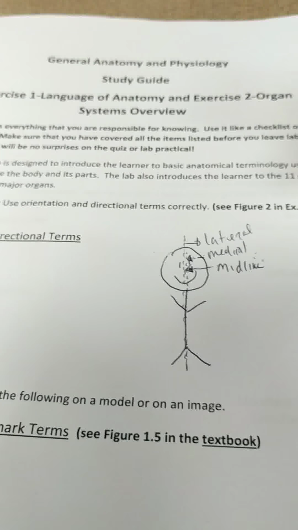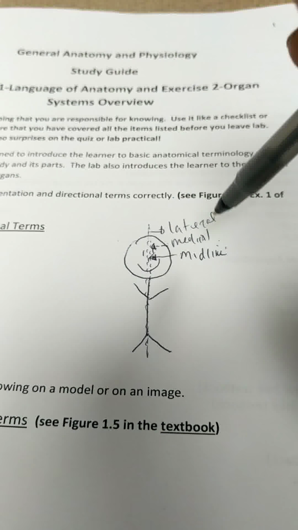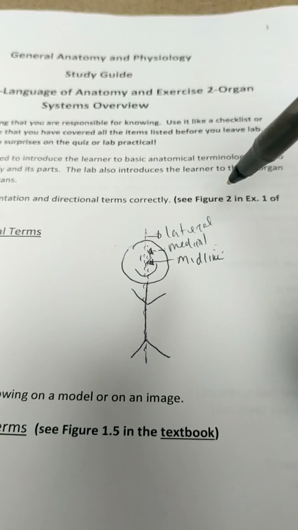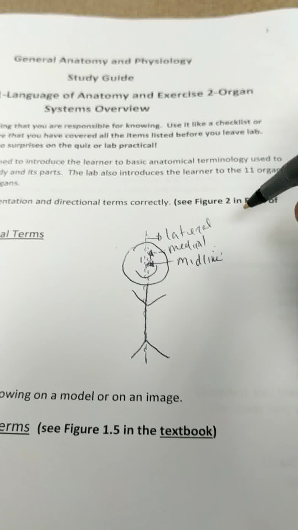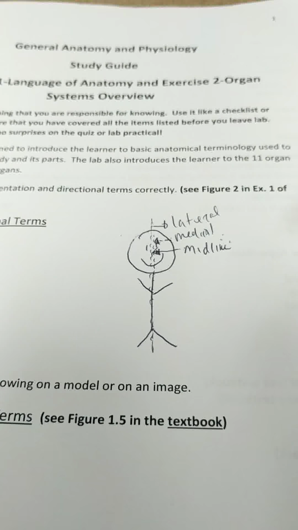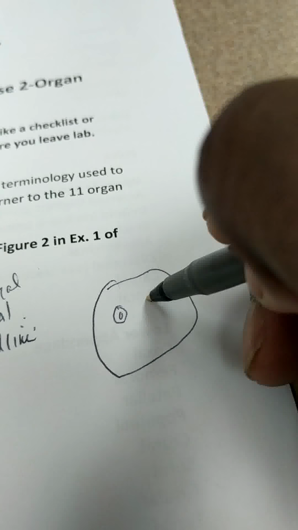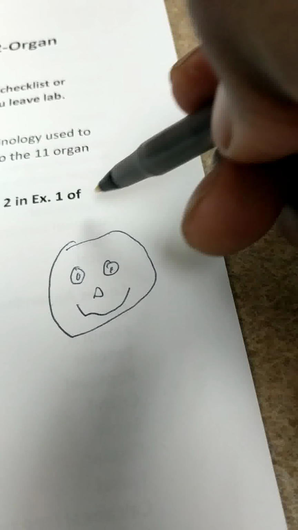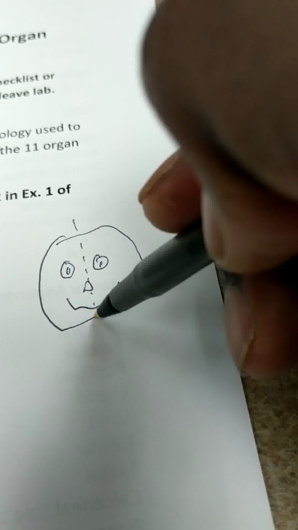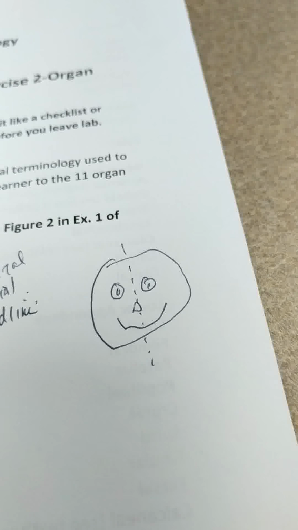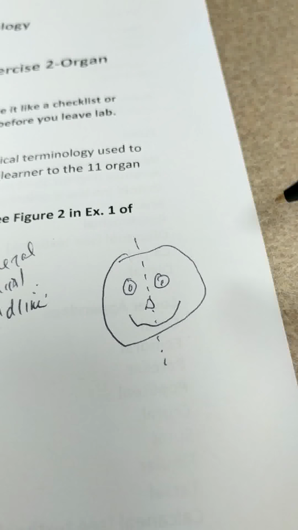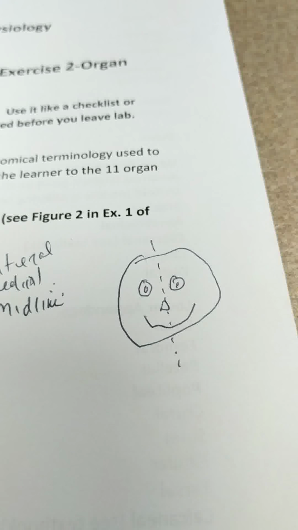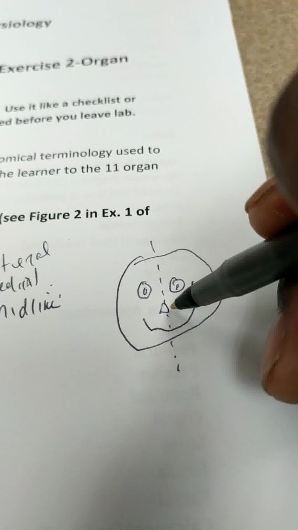Okay, so remember that in these directional terms, we are always asking these questions in relation to one another. So a good question I could ask you: if I draw my little eyes here, and a little nose here, and my little invisible midline there, and I ask you, what is more medial, your eyes or your nose?